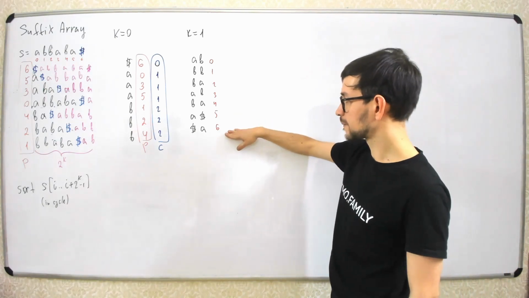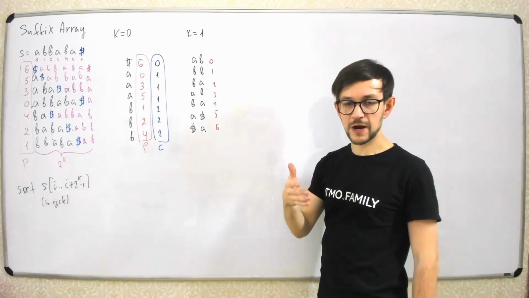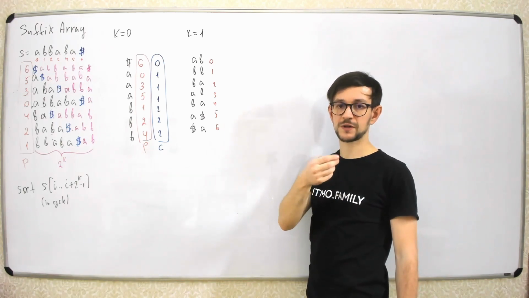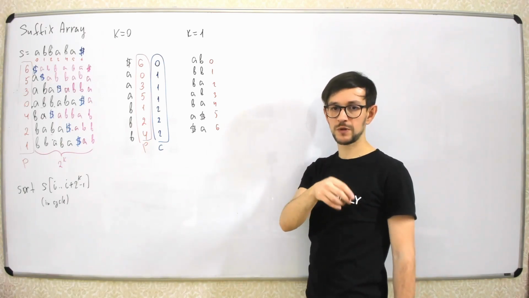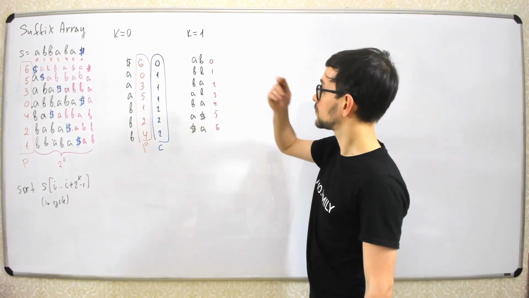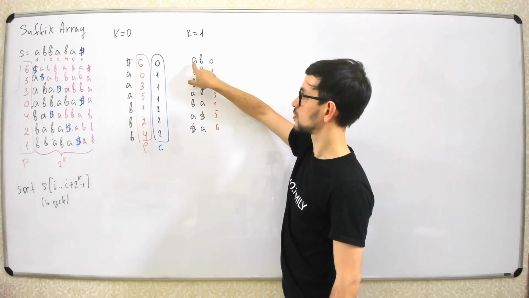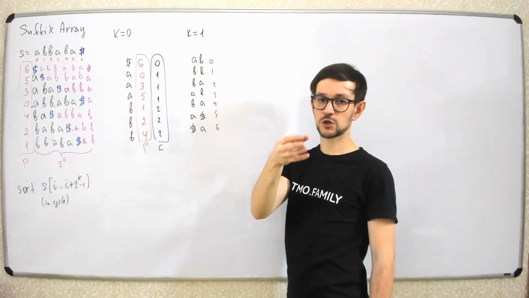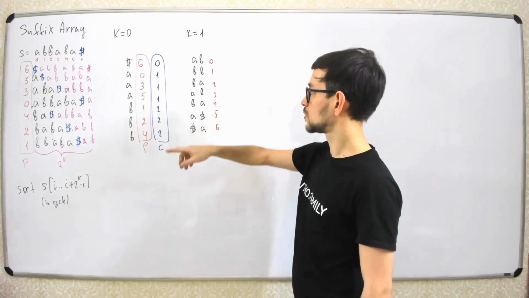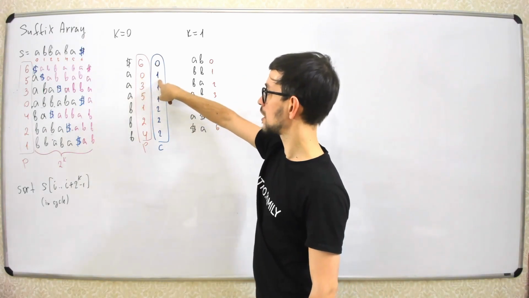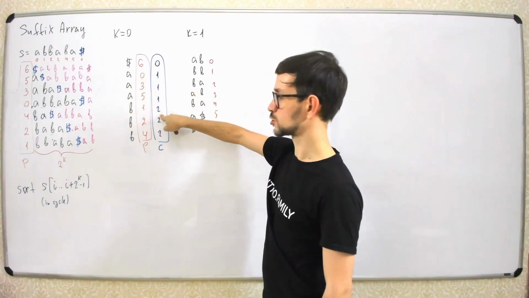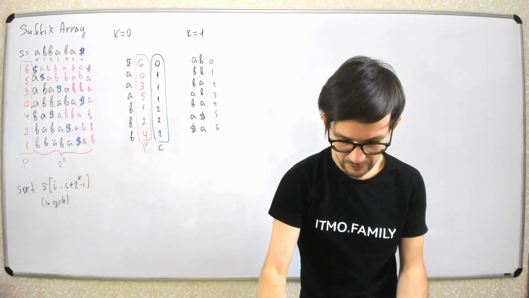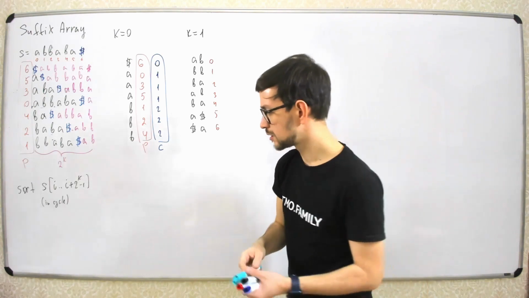Now for each string, I want to make a pair of two integers. So the first integer will be the class of the first half, the second will be the class of the second half. I take the first string, so I have the string of size 2 in position 0. It means it contains strings in position 0 and 1. So the string in position 0 has class 1, the string in position 1 has class 2.